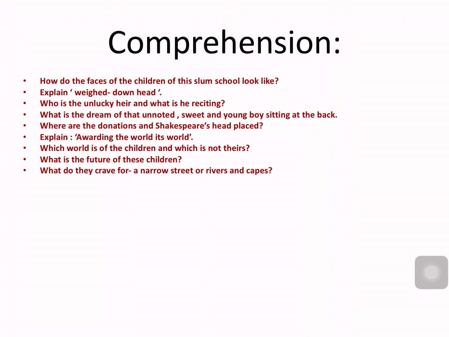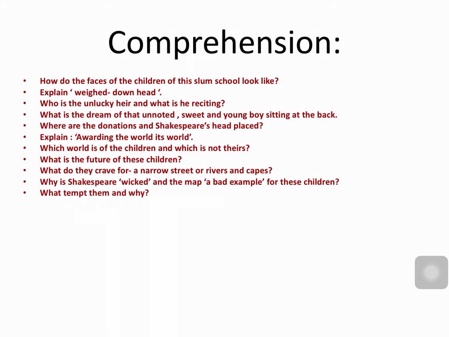Another question, what do they crave for? A narrow street or rivers and capes? Yet another question, why is Shakespeare wicked and the map a bad example for these children? What tempted them and why?